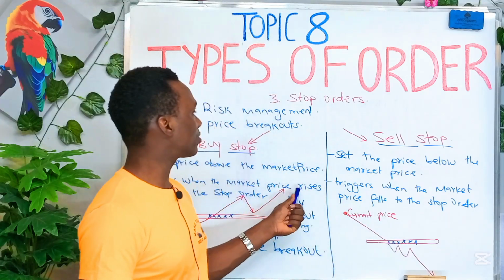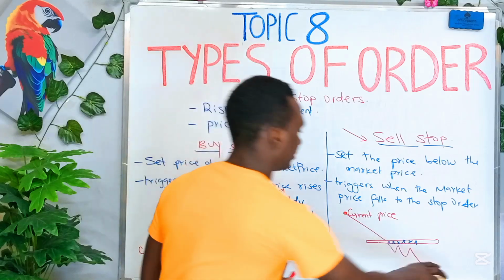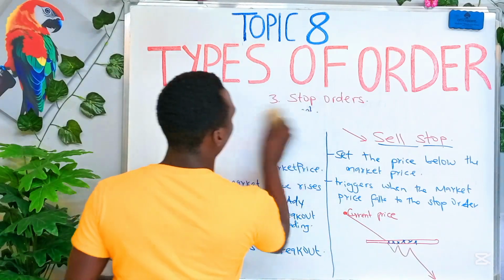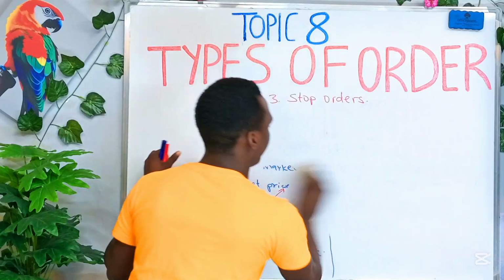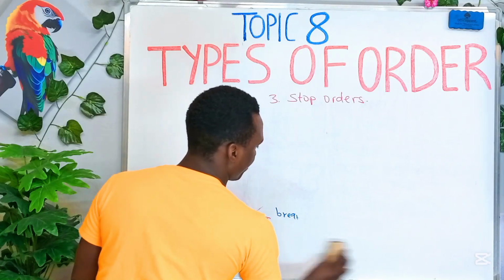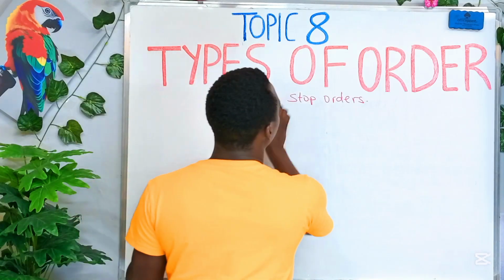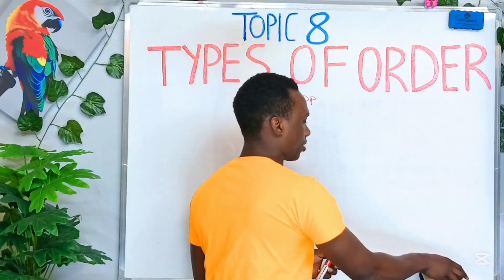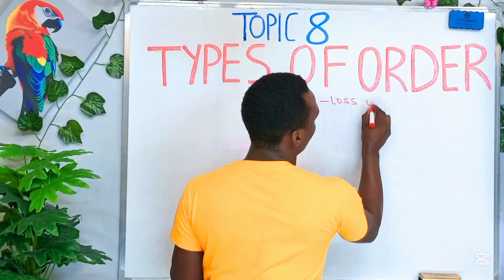If you're done with this, we will rub it off and look at stop loss orders. What are they? They are used in risk management. They are really important when trading.